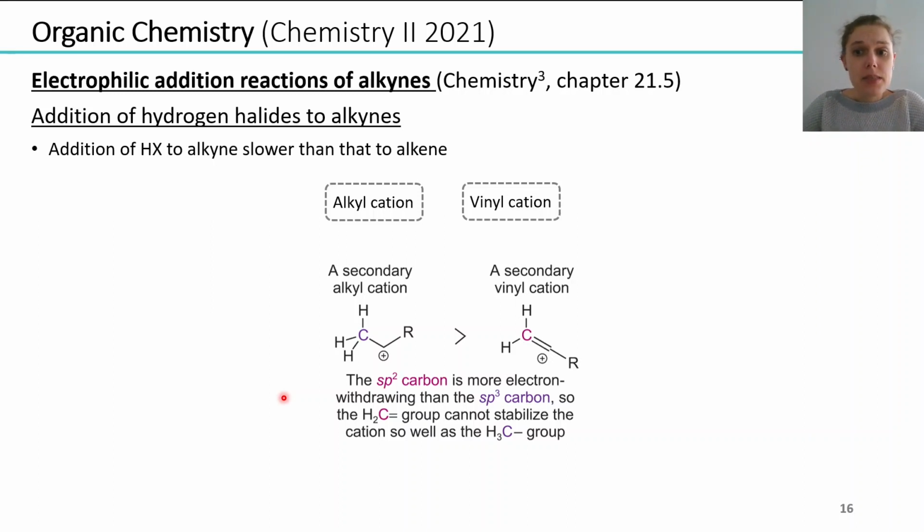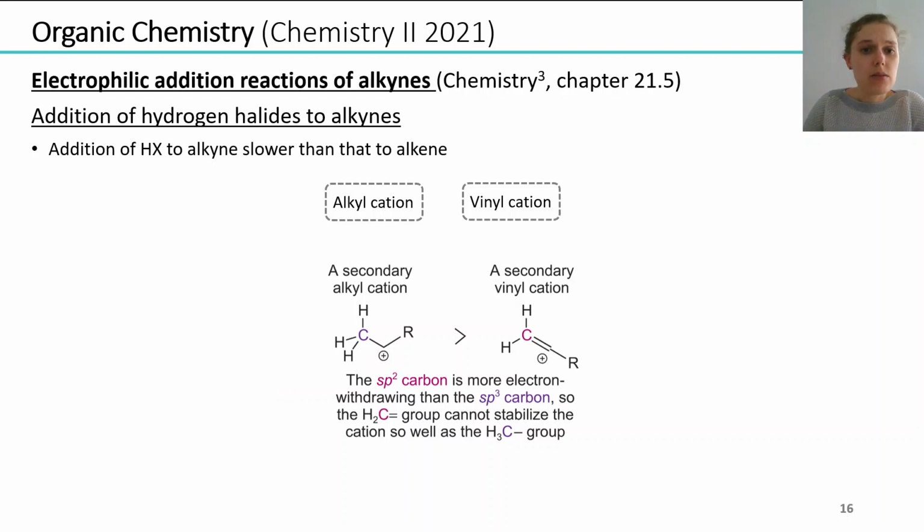Hence, the Gibbs energy of activation for its formation is higher, and therefore it will be formed slower. So this already explains why the addition of hydrogen halides to a carbon-carbon triple bond is slower than the addition to a carbon-carbon double bond.